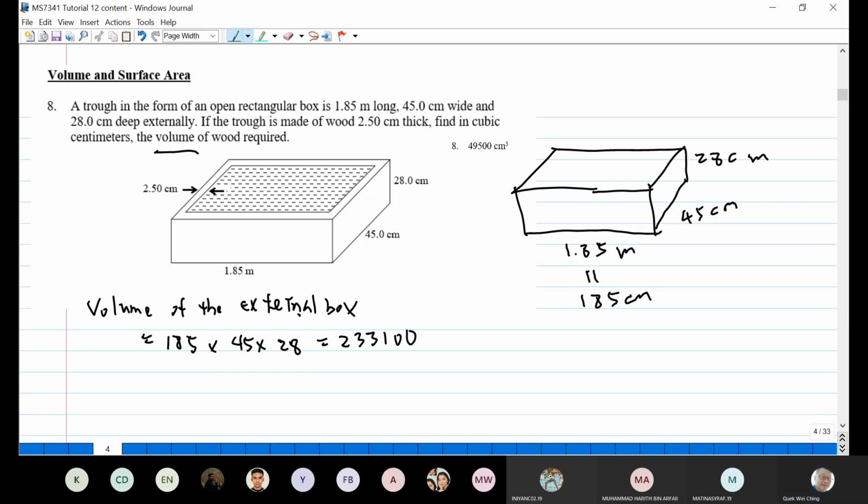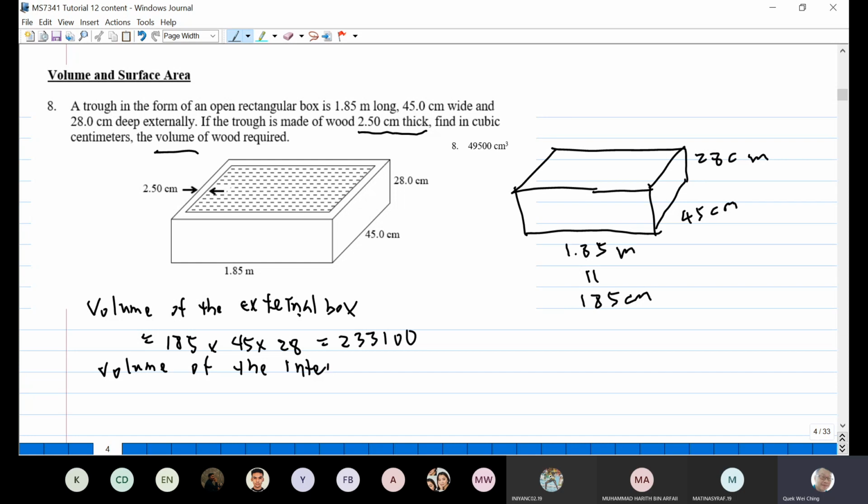And then now you calculate how much the draft contains. It says that this draft is made of wood 2.5 cm thick. So if we go inside, that means you want to find the thickness, right? Let's try to find the volume of the internal box.